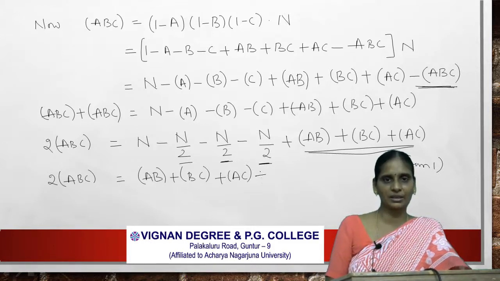So the value n is plus n, minus 3n by 2.